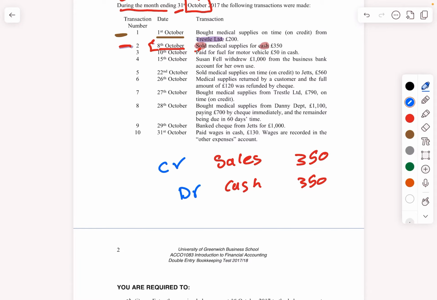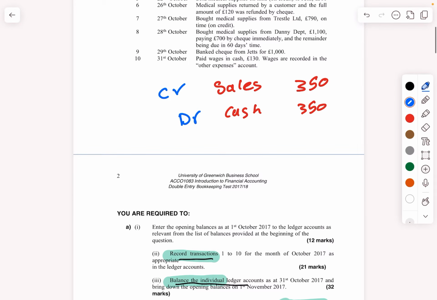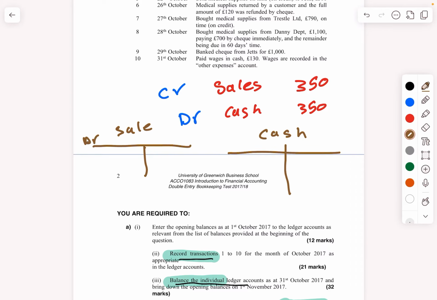Now, as I said, this is cash and this is sales. Now let's think about that. Under sales, the 350 will be credited.